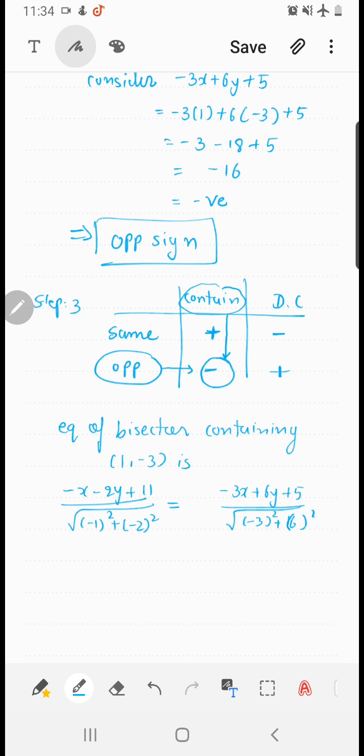Okay, as I said, the most important part is the selection of plus or minus. So here as decided we'll go for minus sign. And now let us simplify.